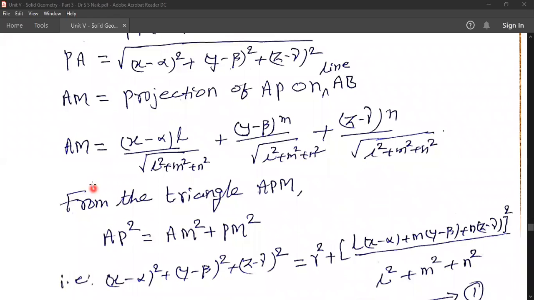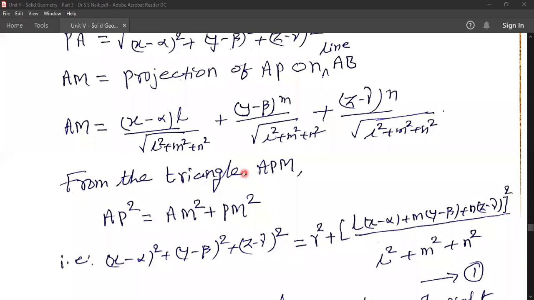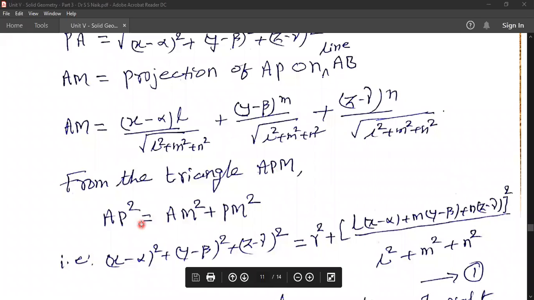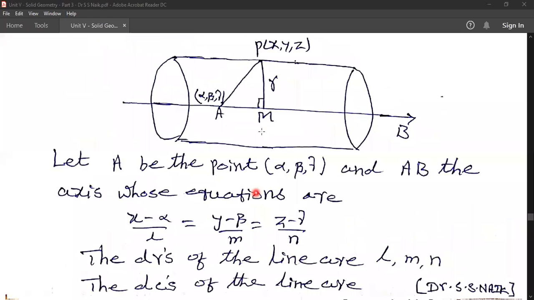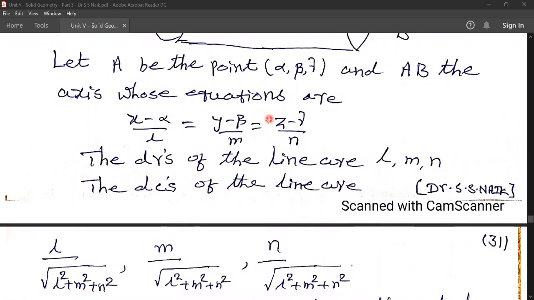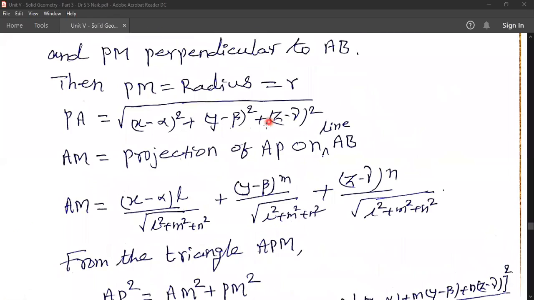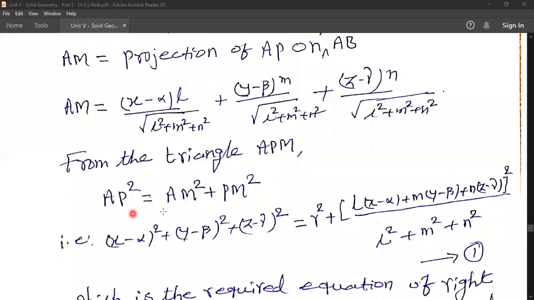So therefore, from the triangle APM, what do you have? AP square is equal to AM square plus PM square. This I have already shown you in the figure, that AP square, the hypotenuse square, must be equal to AM square plus PM square. So you get AP square is equal to AM square plus PM square.